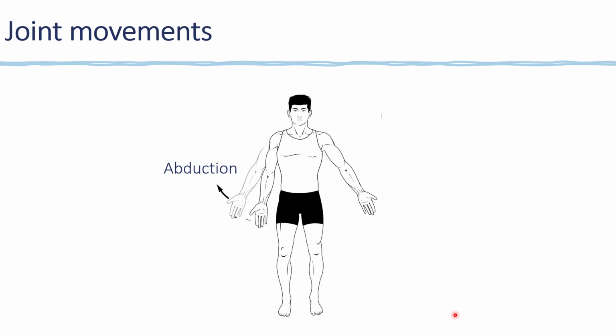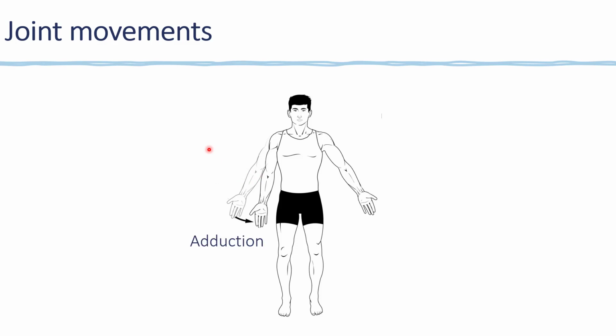Next, we have abduction. So that occurs about the antero-posterior axis, and it causes limb movements in frontal planes through the largest range of motion. So in this case, abduction is about the shoulder again, but in this case, you're moving the arm outwards, away from the body. So that's abduction.